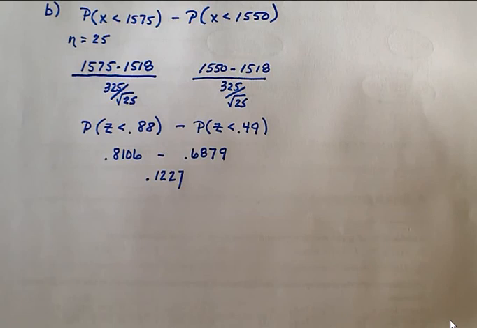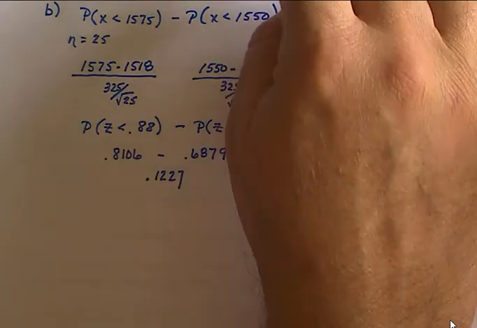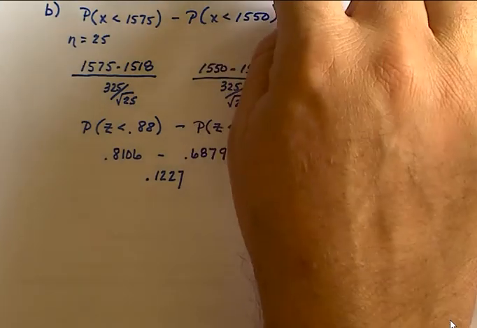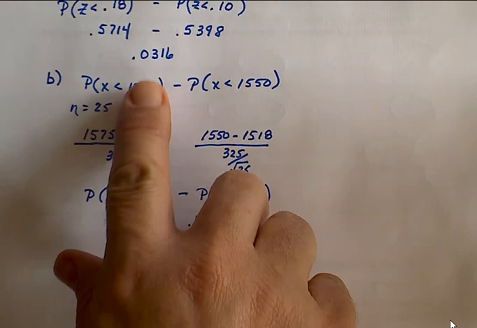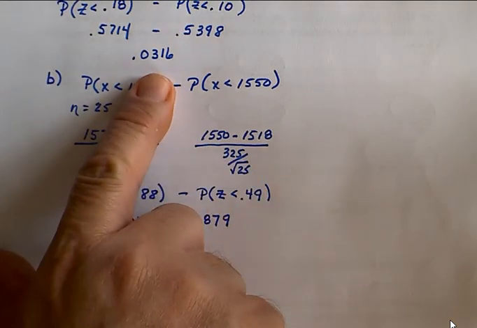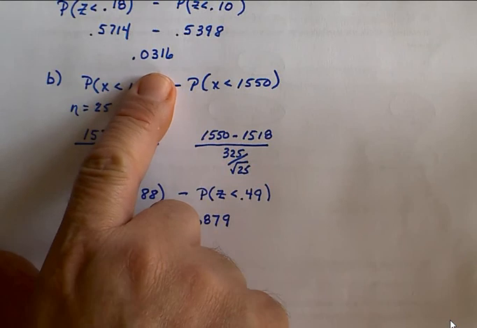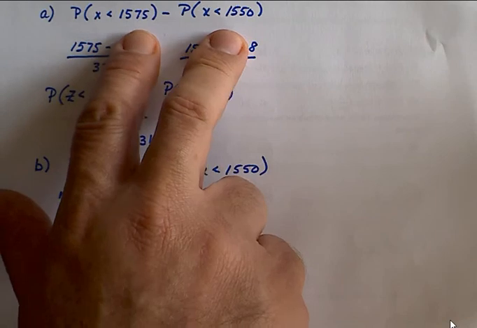Now, again, this is what this is saying, and it should make sense to you here. If I've got a huge distribution of people and I select one person, I have a 3.2% chance that that one person is between these SAT scores.